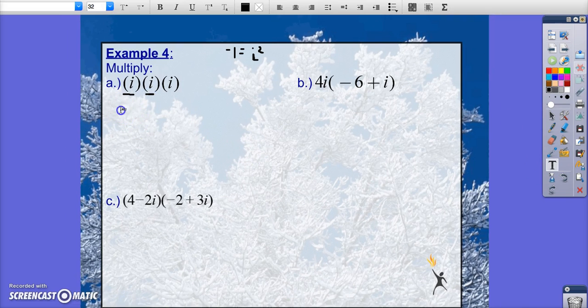That will give me, parentheses, i squared times i. I squared we see here is negative 1, so we get negative 1 times i, or negative 1i. And that's actually going to be my answer.